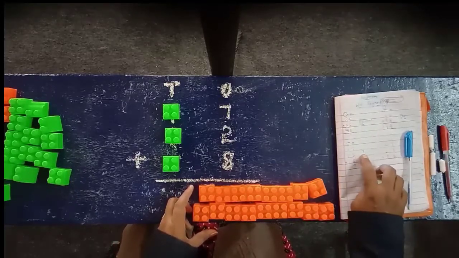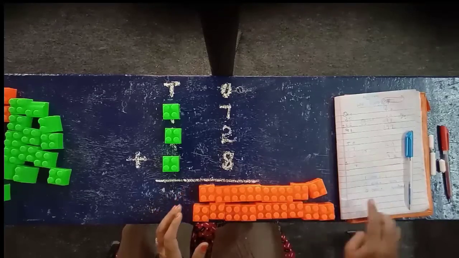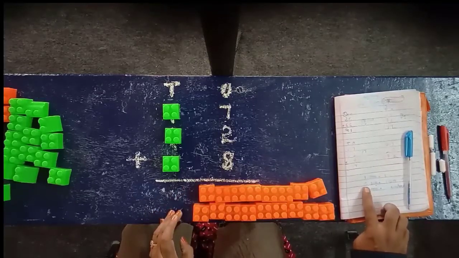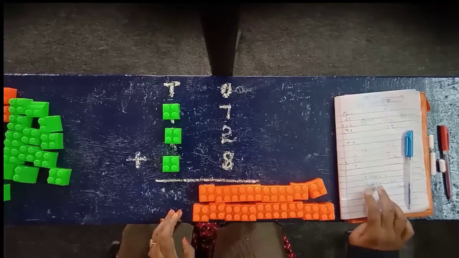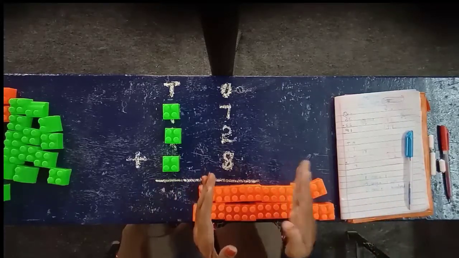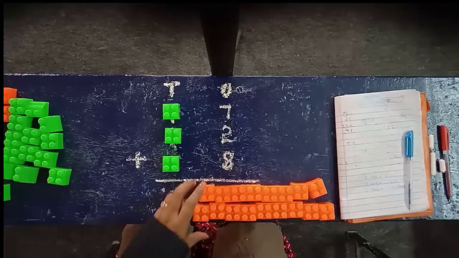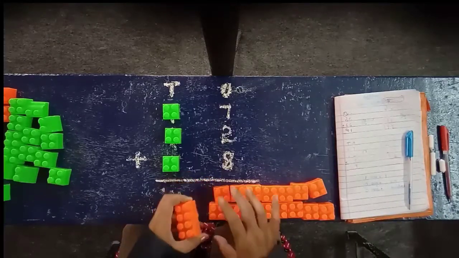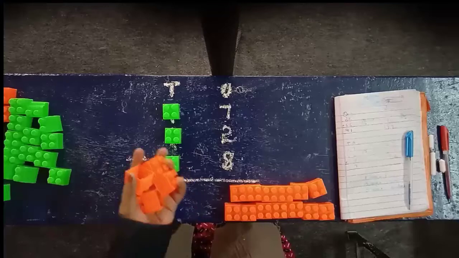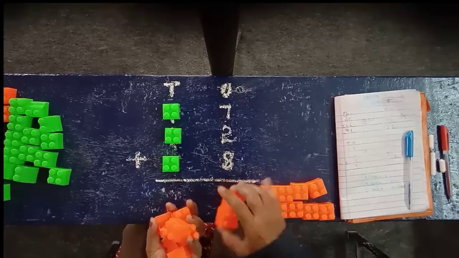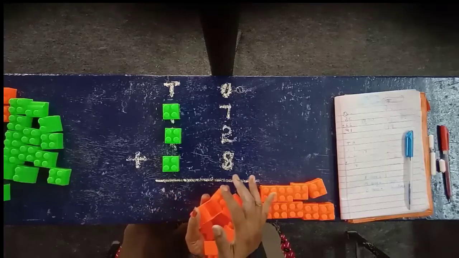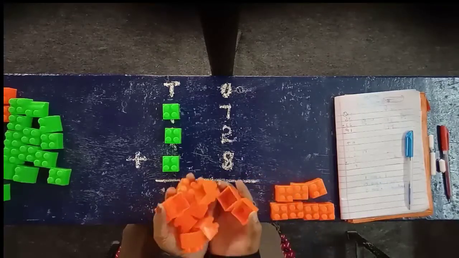So in the 17 I can take 10. As I already told you, 10 ones is equal to 1 tens. Means instead of 10 ones I can take 1 ten. 1, 2, 3, 4, 5, 6, 7, 8, 9, 10.